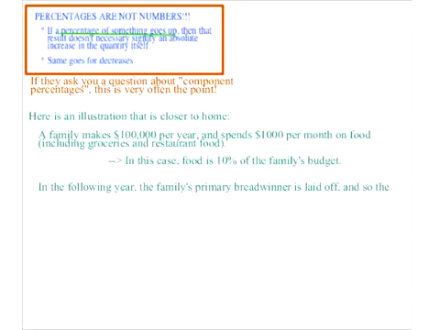So the family cuts back on its food spending, actually 12%, because this is per month. So this is 12,000. This is 12,000 for the year. I'm sorry about that.